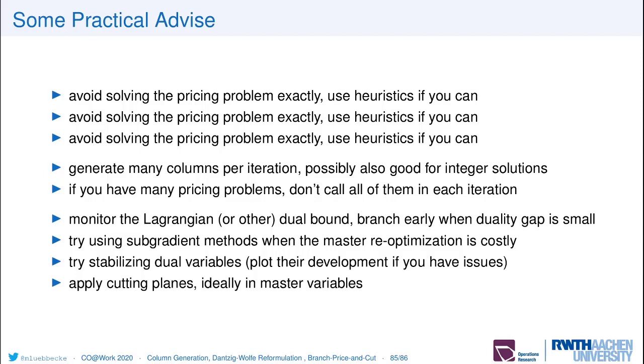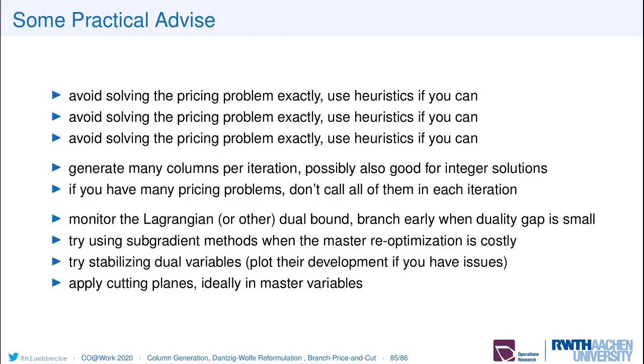When the master problem is hard to solve, because, I don't know, you need an interior point method or the simplex method or whatever method to solve them. Well, it's a linear program, right? You can try to steal a bit from the Lagrangian literature. You could also alternatively get a new dual solution, not by solving a linear program, the restricted master problem, but by doing some subgradient iterations. There's also literature.